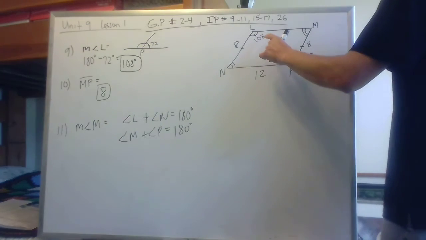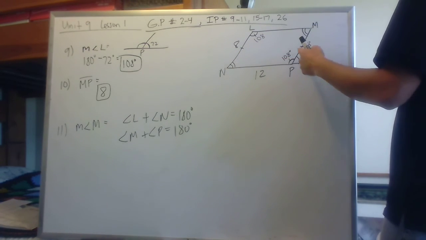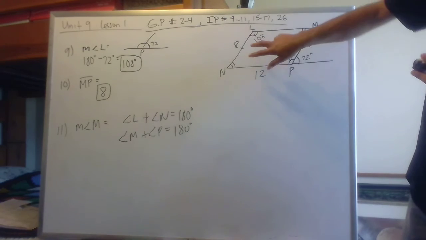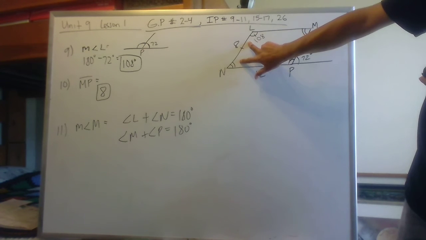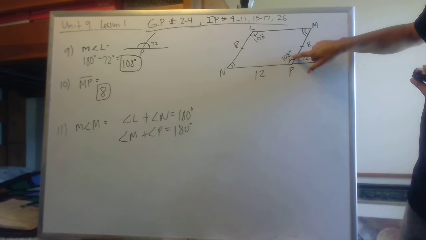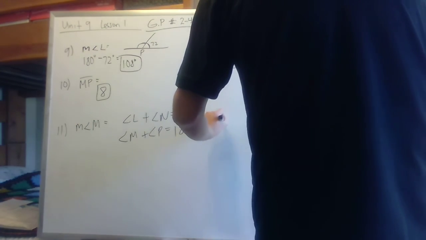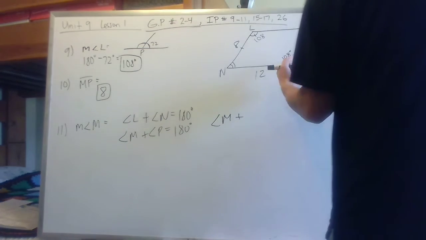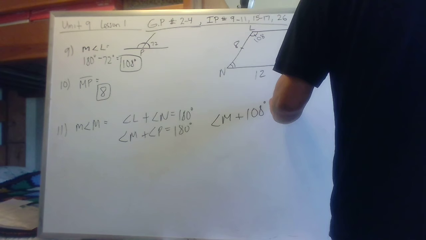So again, the opposite angles in a parallelogram are congruent, but the angles that are next to each other and not opposite, they add up to 180 degrees. So if we're looking for angle M and we know that P is going to be 108, angle M plus the measurement of angle P, which is 108 degrees, equals 180.